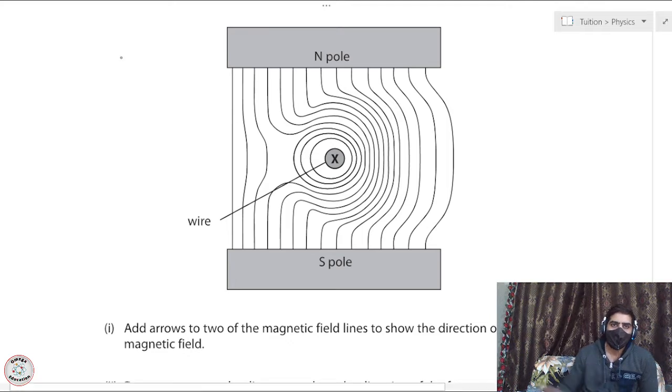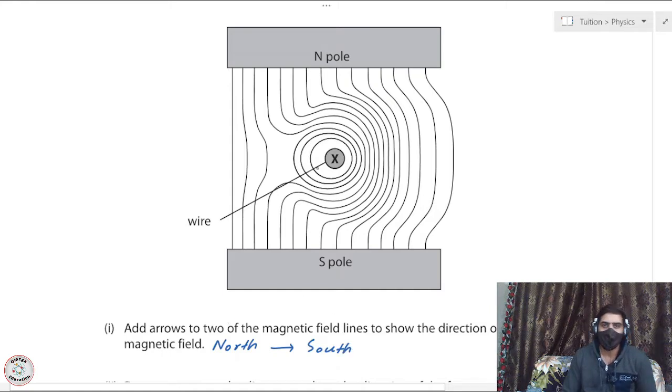The general rule of thumb is that magnetic field lines emerge from the North Pole and are directed towards the South Pole.